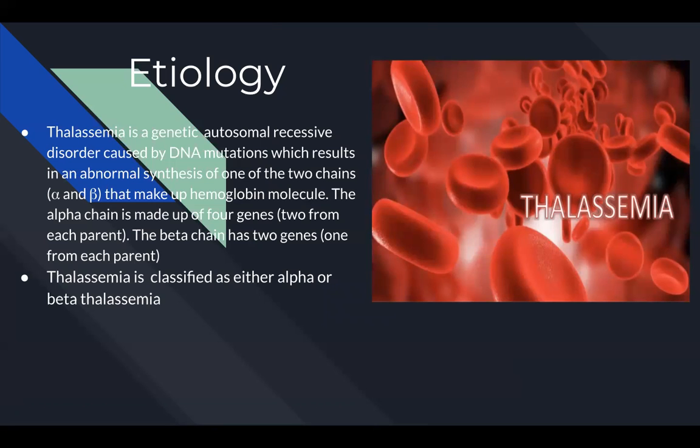The mutations are on the alpha or beta chains, which make up the hemoglobin molecule. The alpha chain is made up of 4 genes, and the beta chain is made of 2 genes. We get one gene from each parent in the beta chain, and 2 genes from each parent in the alpha chain. Thalassemia can be classified as either alpha or beta thalassemia.